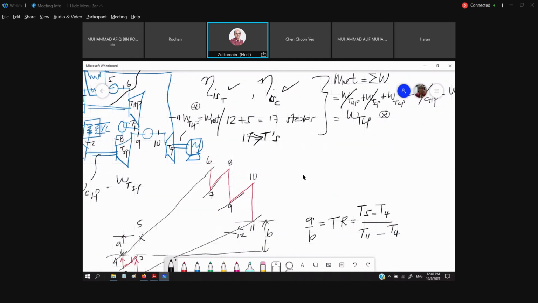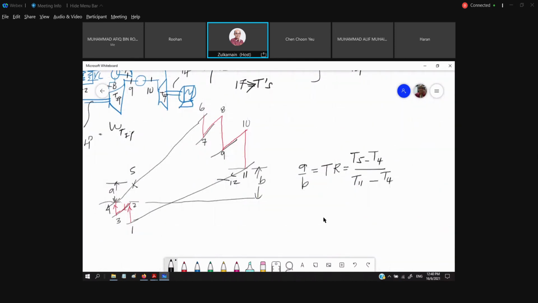And in this case, we are going to have the overall pressure ratio. What is our overall pressure ratio? Pmax over Pmin is called the overall pressure ratio. If we look at the compressor side, we have P4 over P1. If we look at the expansion side, this is P6 divided by P11.